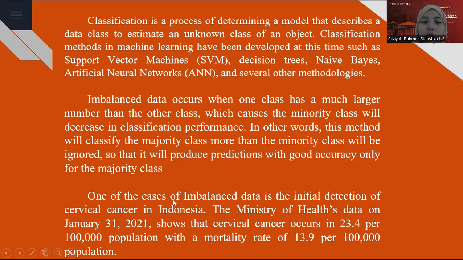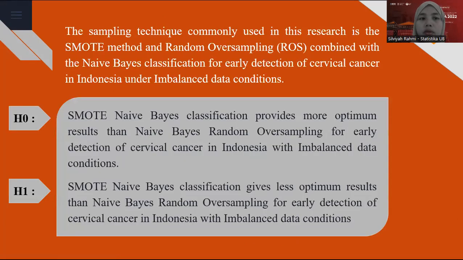And then the urgency of this research is because data from 31 January 2021 show that cervical cancer in Indonesia occurs in 23.4 per 1,000 population, with a mortality rate of 13.9%.